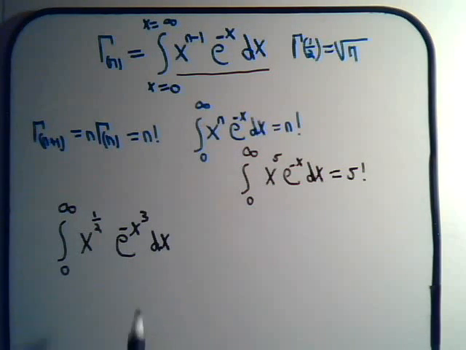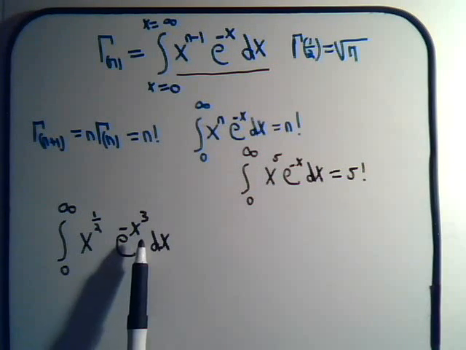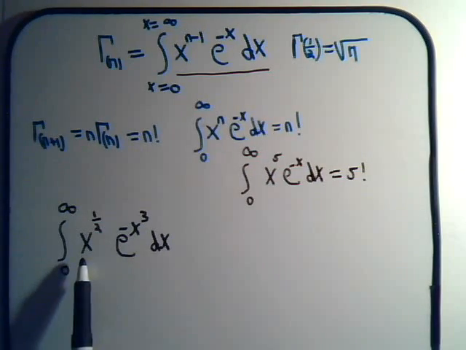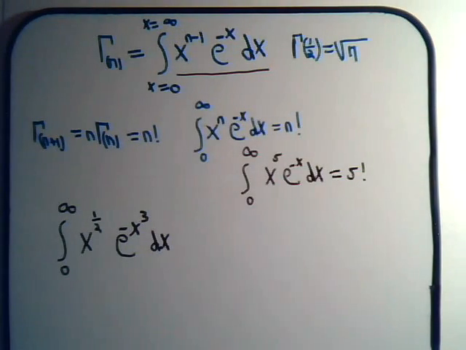That's sort of like a gamma function, except here we have e to the minus x cubed. So our temptation would be to use a u du type substitution, and maybe that will come out to resemble a gamma integral.